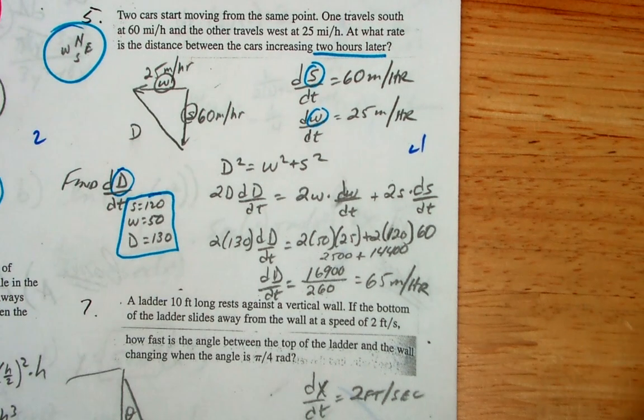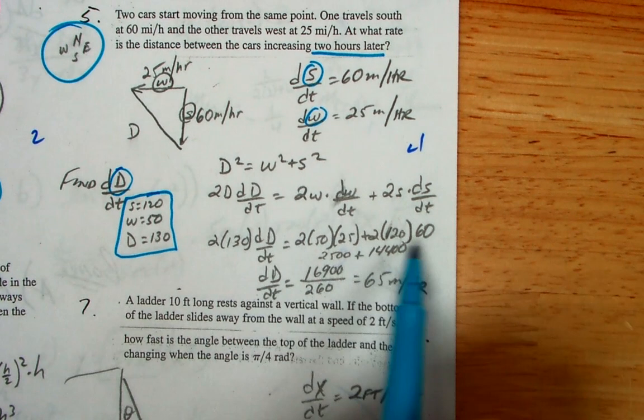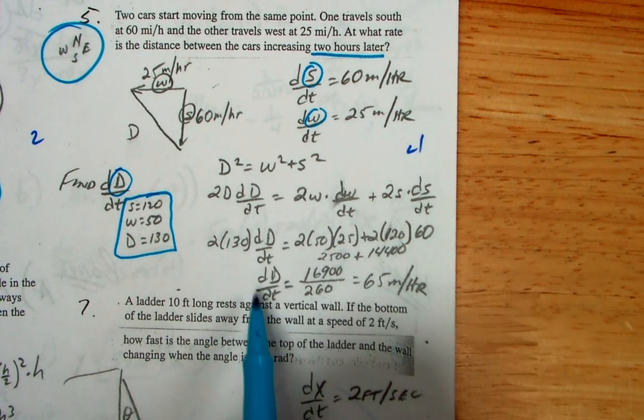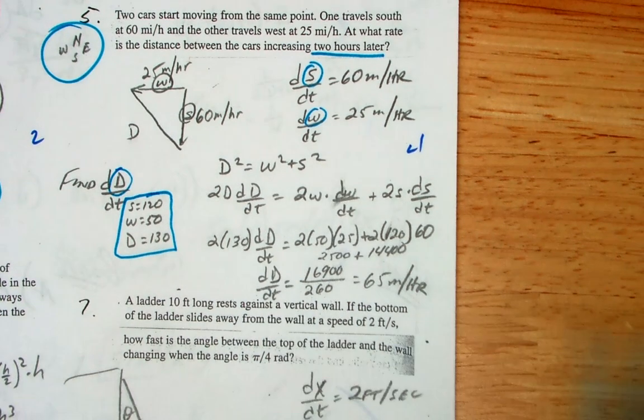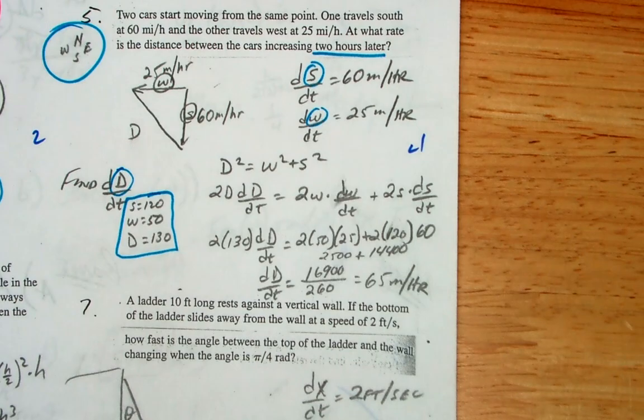I just pulled out my calculator and did the Pythagorean theorem. Okay. So then I just plugged stuff in and did the math, and you get 65.